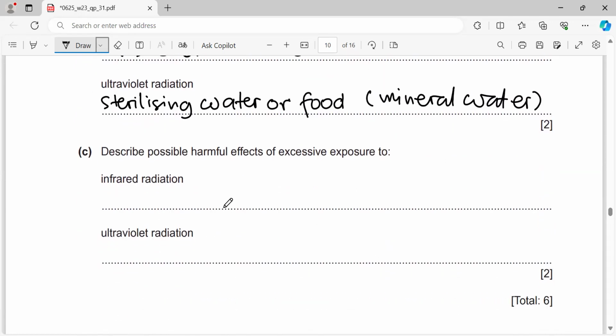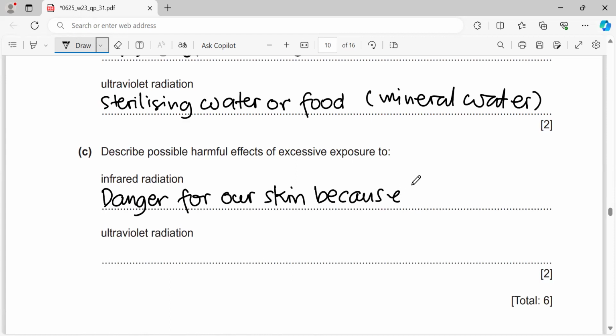Describe possible harmful effects of excessive exposure to infrared radiation and ultraviolet radiation. It is dangerous for our skin, because our skin can burn.